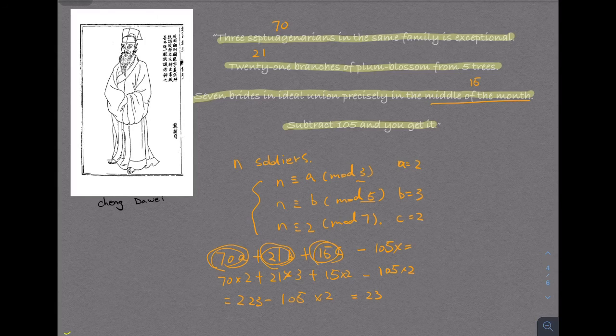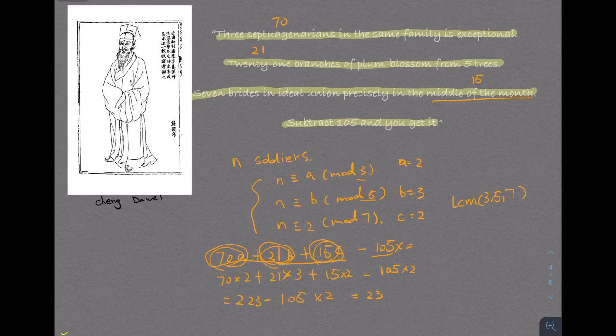So we want to make sure that in each case the remainder is 1, and we subtract 105. And how do we get this number? This is the least common multiple of 3, 5, and 7.